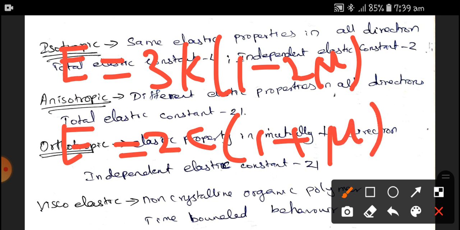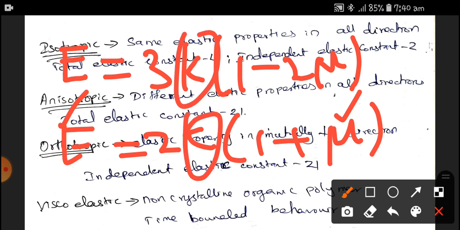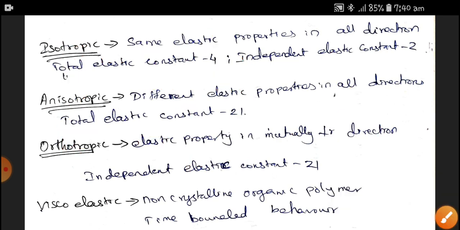If we know E and mu, then we can find C and K. If we know E and K, we can easily find mu and C. This is called an isotropic material. In all engineering applications, we assume our material is isotropic. But if it is not a well-defined crystalline structure, it won't be seen as isotropic.